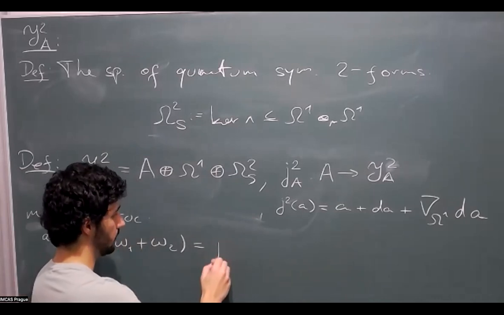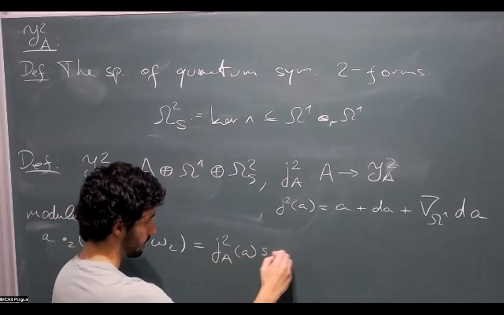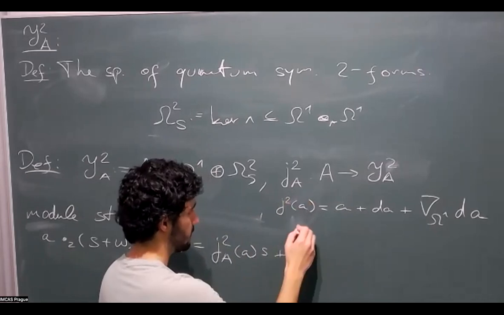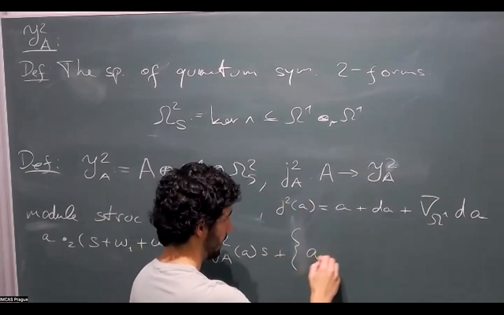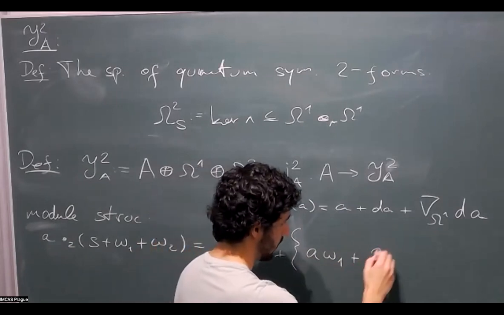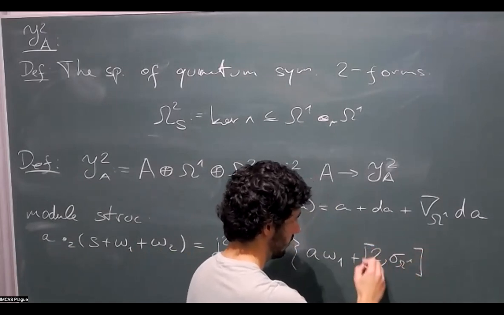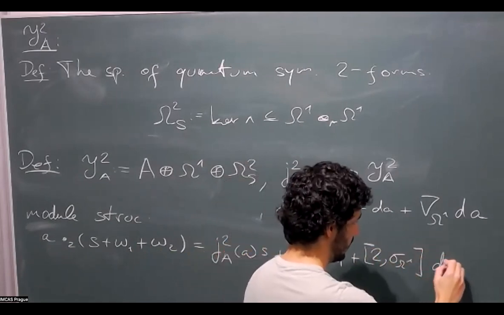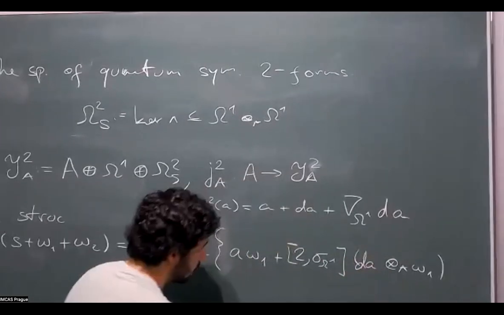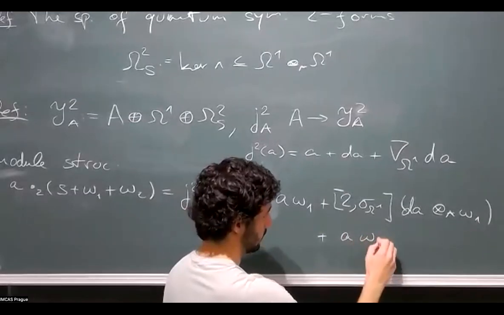We multiply the second jet of A with S. Then we have a term that involves the first jet, but it's a bit more complicated: A omega-1, plus this graded integer that I'll define in a bit, of the A tensor A omega-1, plus A omega-2.